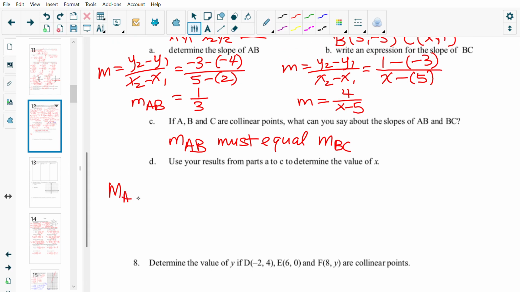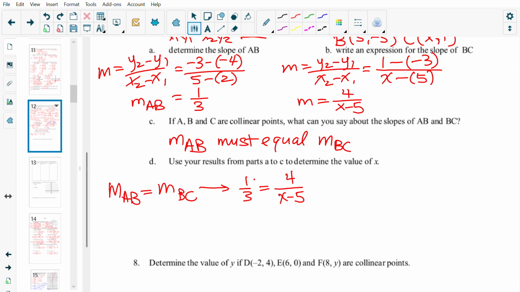If the two slopes must be equal, then I can make this statement. 1/3, the slope of AB, must equal the slope of BC, which is 4 over x minus 5.